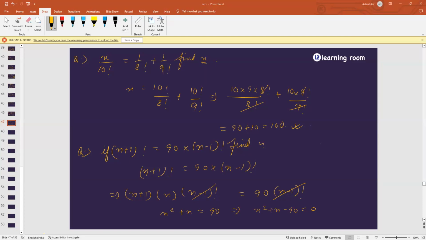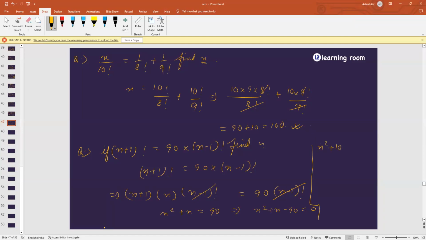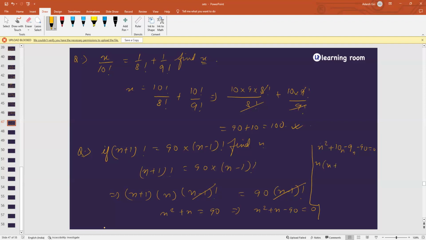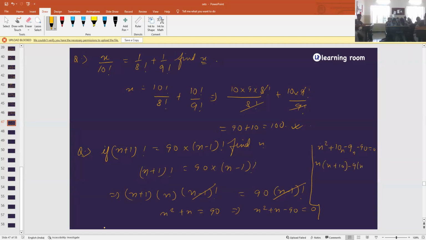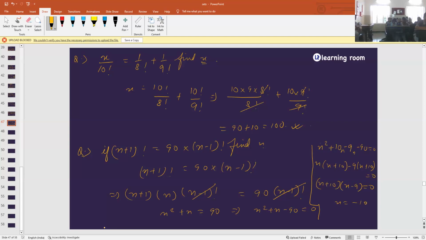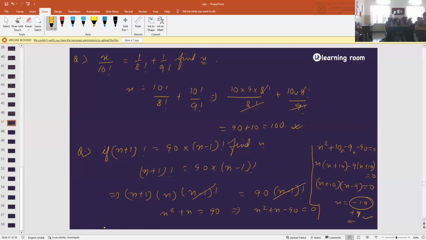After that, you just have to factorize it. What will it become? n square plus 10n minus 9n minus 90 is equal to 0. Right? So n into n plus 10 minus 9 into n plus 10 is equal to 0. So n plus 10 into n minus 9 is equal to 0. So n will be either minus 10 or plus 9. A negative number is invalid here in terms of n. It will be plus 9 only. Okay.